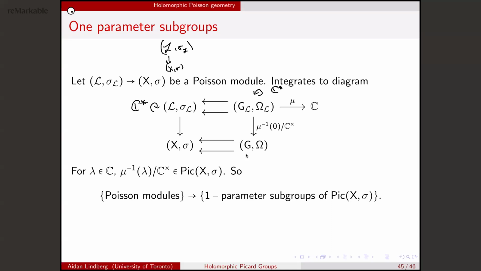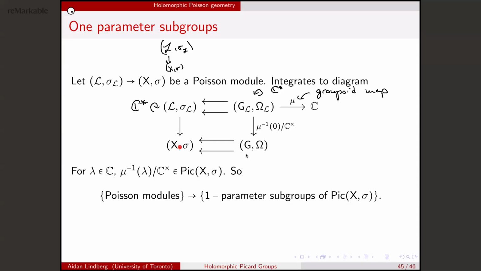And groups are groupoids, and this mu is actually a groupoid map. So what that means is that if I do Hamiltonian reduction at 0, then I'm going to get a groupoid back. And what is that groupoid? It's the groupoid integrating X itself.